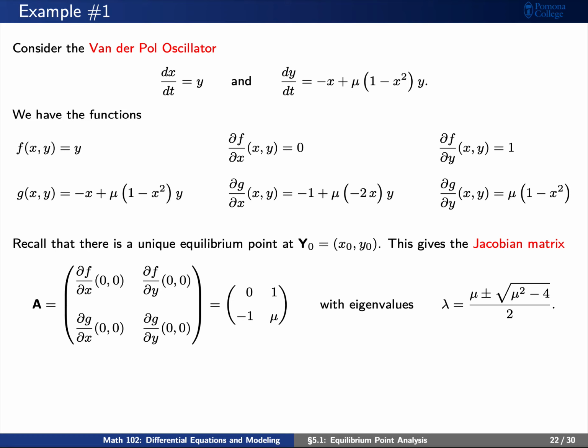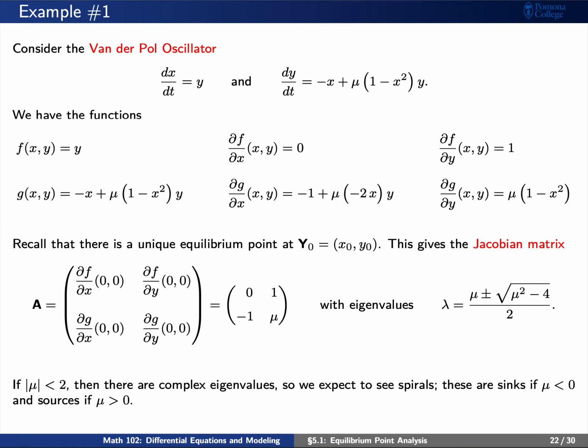Recall that there is a unique equilibrium point that is the origin. This means that we have the following Jacobian matrix. Capital A equals [0, 1; negative 1, mu]. We can then compute the eigenvalues as lambda equals mu plus or minus the square root of mu squared minus 4, all divided by 2.